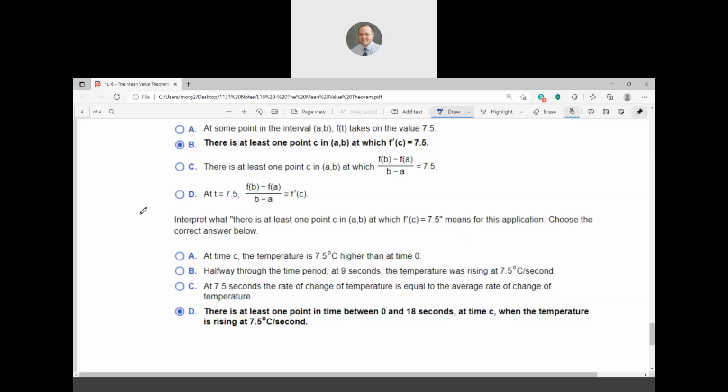But remember, 7.5 is not seconds, it's actually a rate, degrees Celsius per second. So D is the correct answer, or correct interpretation. There is at least one point in time between 0 and 18 seconds at time c when the temperature is rising at 7.5 degrees Celsius per second.